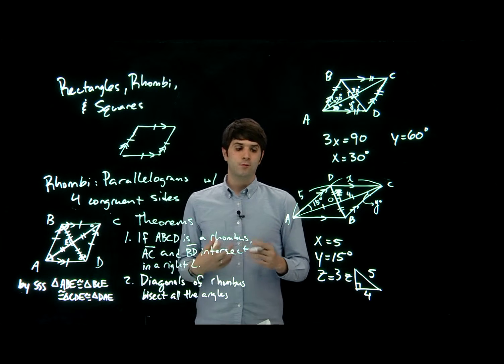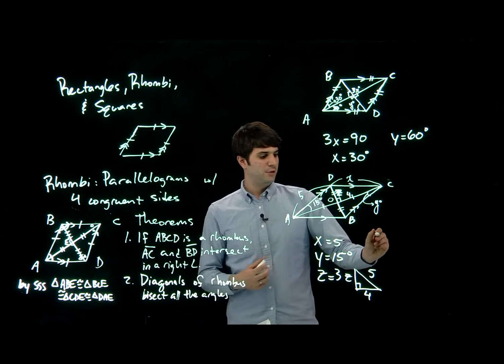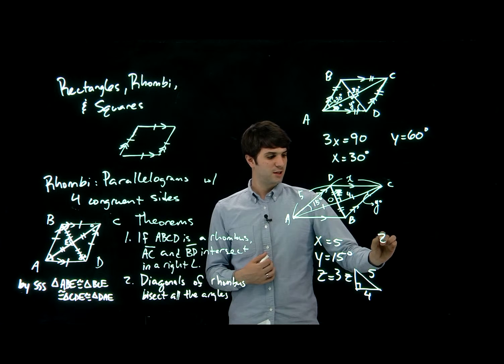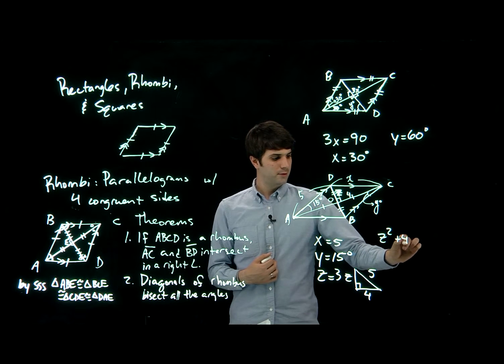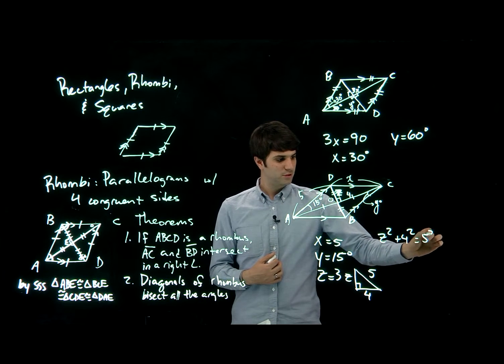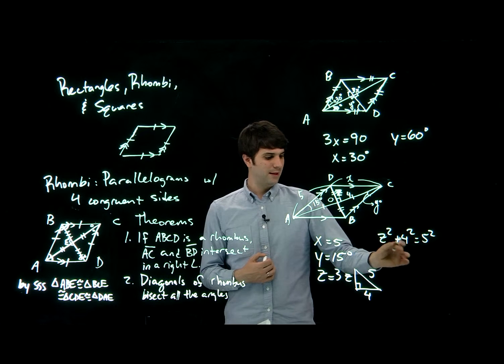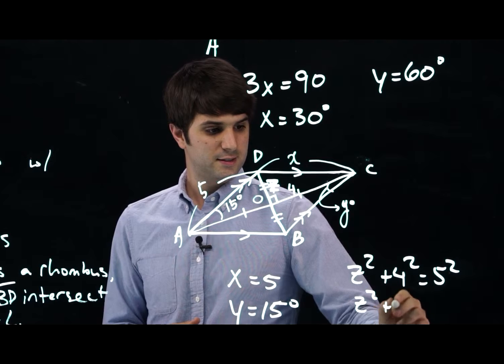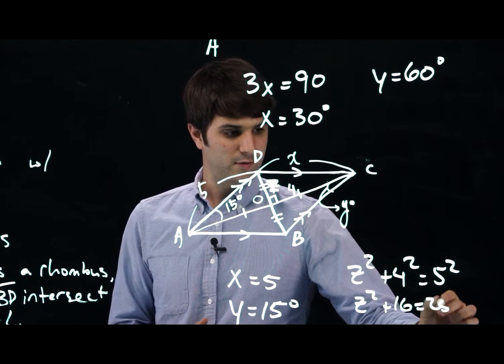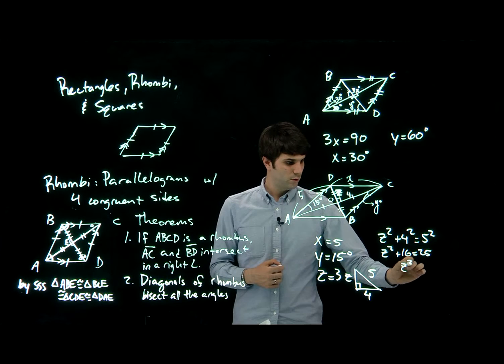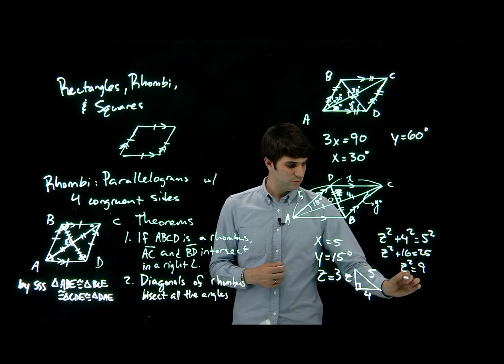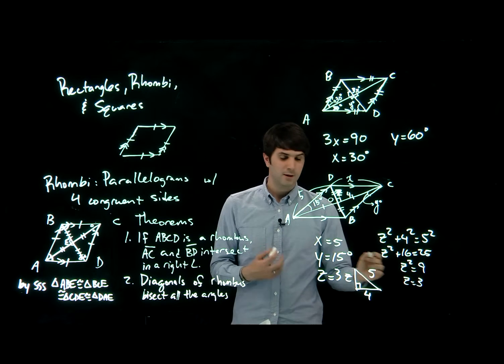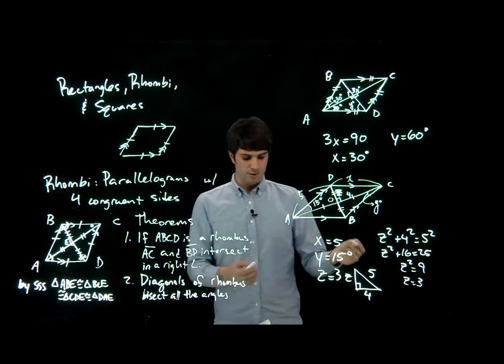That's a 3, 4, 5 triangle. If you don't know that, then you have to do the Pythagorean theorem, which says the sum of the legs squared equals the hypotenuse squared. So z squared plus 16 equals 25, so z squared equals 9. So z equals plus or minus 3, but we know the distance can't be negative, so z equals 3.